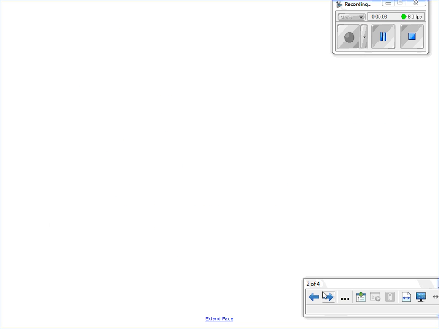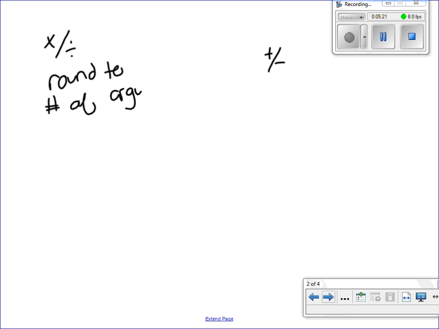Adding, multiplying, dividing, and subtracting. Here's multiplying and dividing. Here's adding and subtracting. Multiplying and dividing, you round your final answer to the number of sig figs of what you started with. I'm going to call it the argument, the argument with the least number of sig figs.